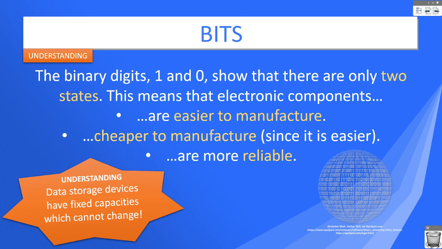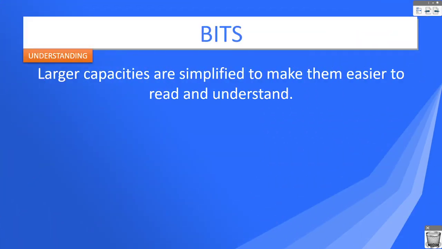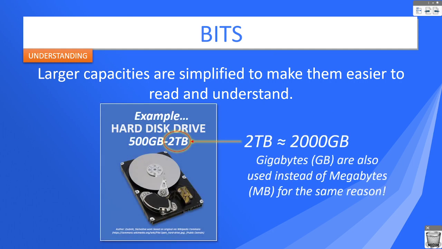Hard drives don't have a changeable capacity. We know they are of that fixed type and are in our computers. Larger capacities are often simplified. For example, we know that 2TB is just 2000 gigabytes, whereas actually we know that 2 terabytes is just 2 terabytes. We're going to come on to that in just a second.